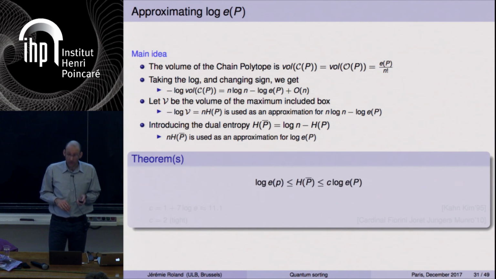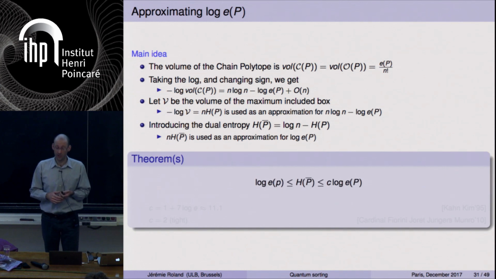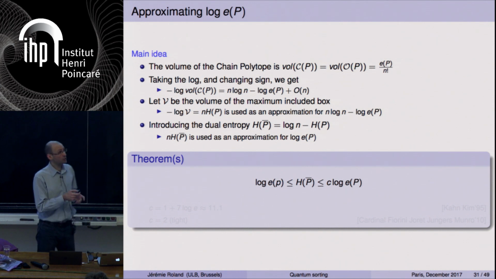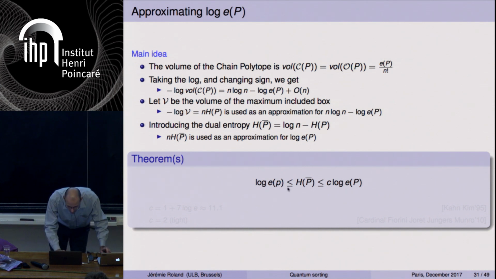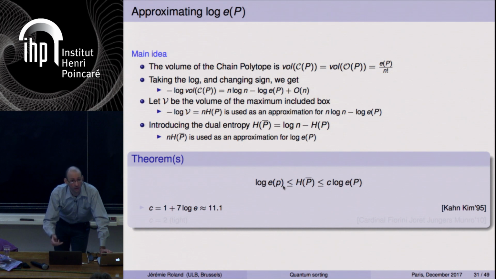And actually, we can prove that this is a good approximation. N times the entropy is equal to log e(P) up to some constant. The constant has been optimized over time.